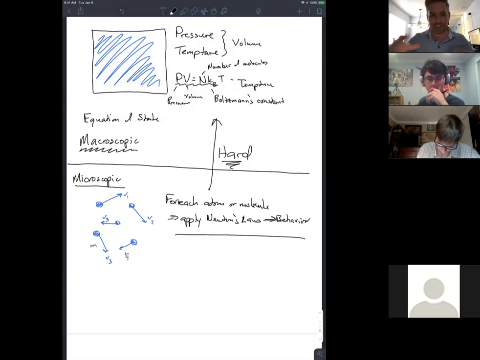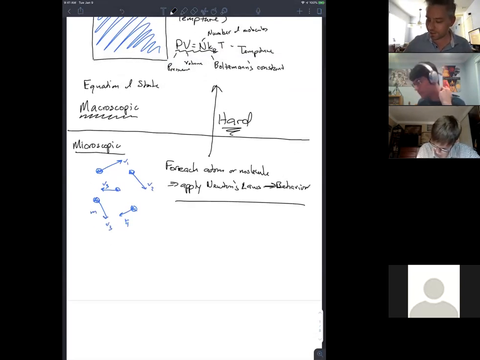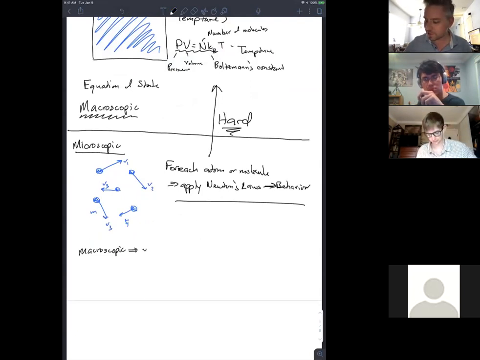All right, so if you're talking about a macroscopic container of gas, you are talking about, generally speaking, on the order of a mole of atoms and molecules. So the macroscopic level implies that the number of atoms and molecules that you're talking about is on the order of a mole. Okay, and a mole is Avogadro's number.